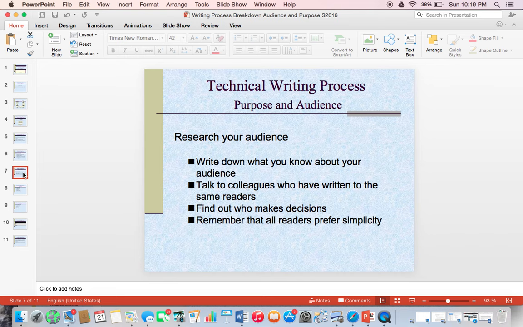Talk to colleagues, other people in your company or in your organization who have written to the same reader or readers. Find out how their writing was used and what kind of feedback they got from their reader, and try to either emulate them if they were successful in writing, or avoid any mistakes they might have made.